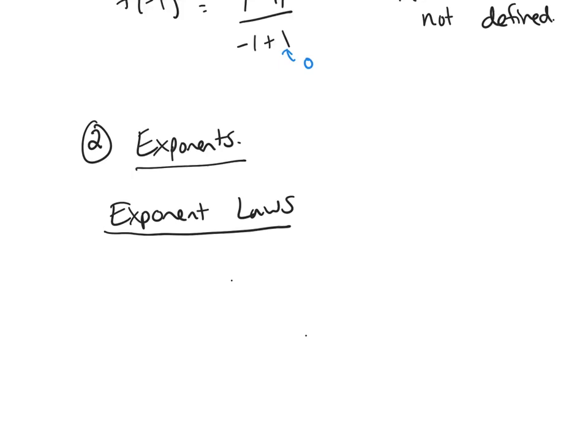So I'm going to write the law down here, and then in the second column, I'm going to give you an example. So the first exponent law says when you have a base a to the 0th power, it's 1. So for example, 2 to the 0th power is 1.